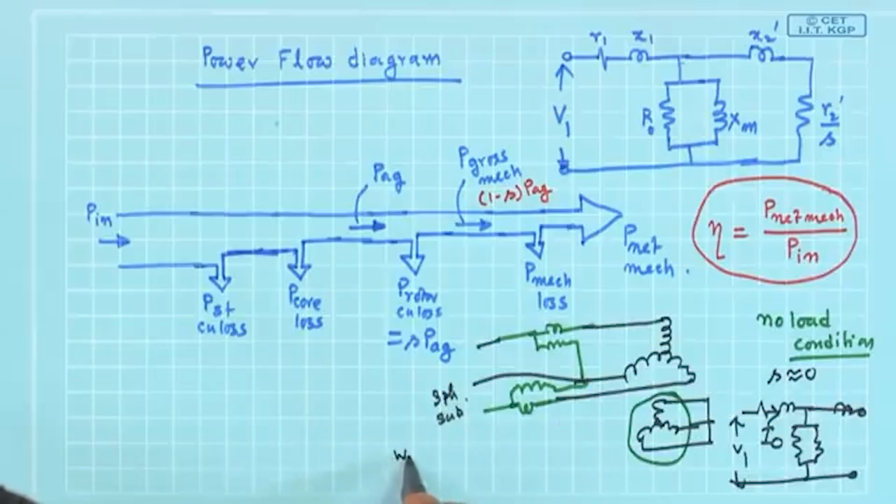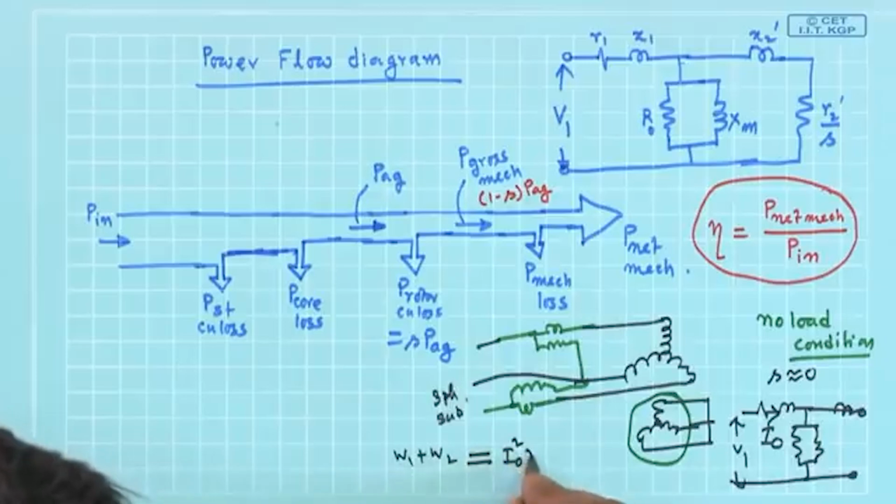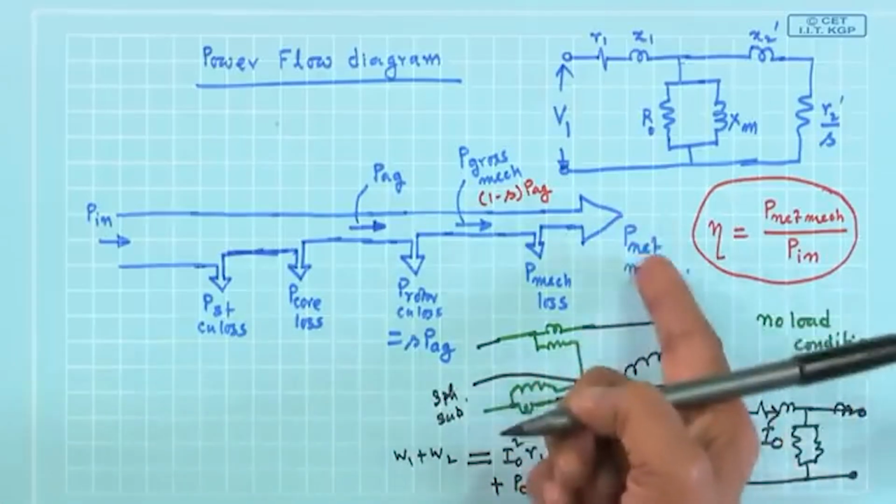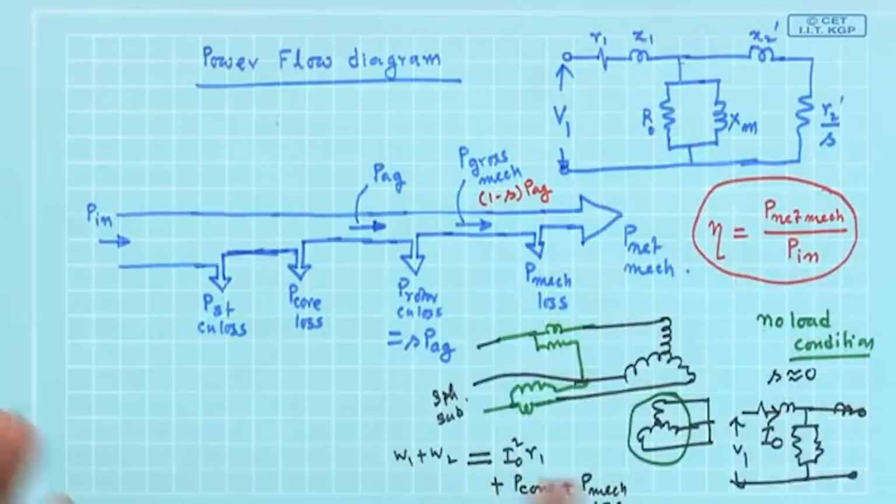That is, the sum of wattmeter readings W1 and W2 should, strictly speaking, be equal to I naught square into R1, the stator copper loss, plus P core plus P mechanical loss, and under no load condition, the net mechanical power output is 0, there ends the matter. So, strictly speaking it should be like that, but the no load current is small compared to the full load current of the machine, like a transformer.